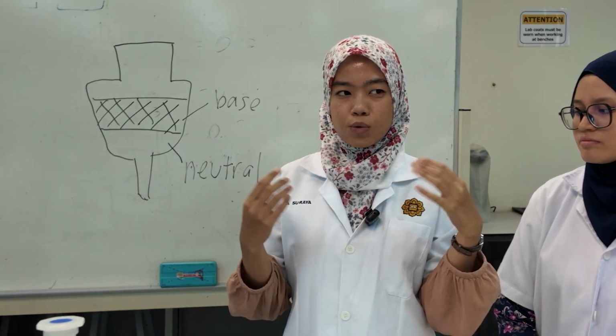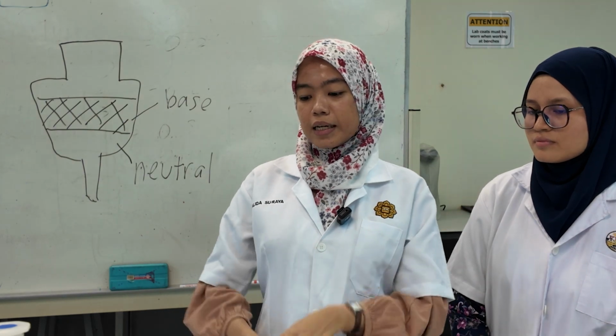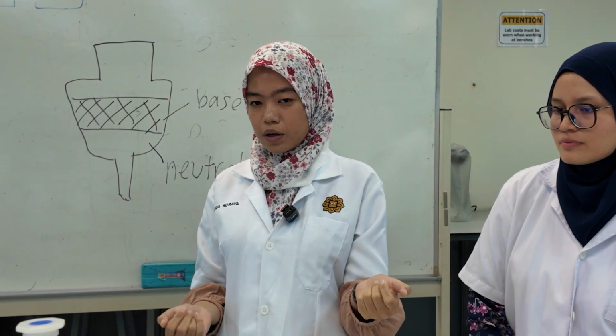So how do we get the pure penicillin? Later, the mixture will be evaporated, and we will be left with the pure penicillin, which is our antibiotic. So that's how we get our pure antibiotic.